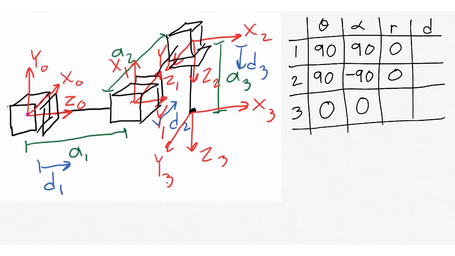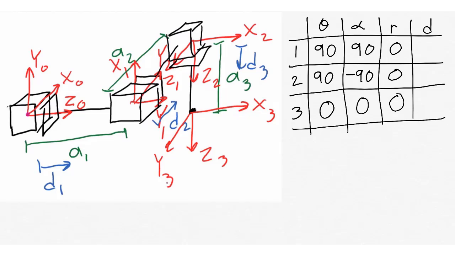Let's look at R for the third row. We want to find the distance from the center of frame 2 to the center of frame 3 in the xn, in this case x3 direction. These two frames are lined up perfectly in the x3 direction, so R is 0 here too.